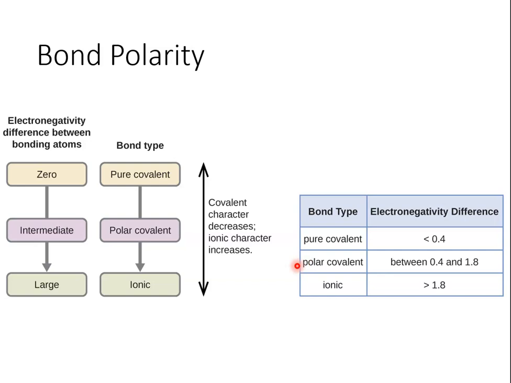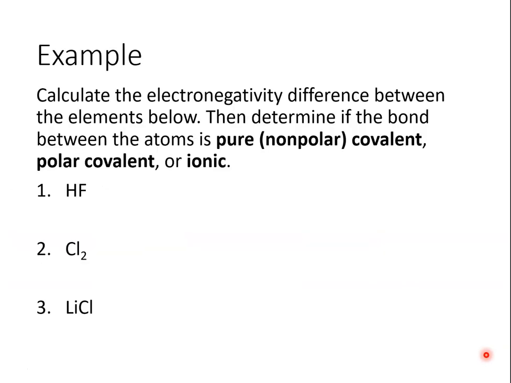For our class, we're going to say if it is a metal and a nonmetal, it is an ionic interaction. We will only consider polar covalent bonds as those between a metalloid and a nonmetal or two nonmetals. So we don't have to worry about the upper limit here. If it's a metal and a nonmetal, it'll be considered ionic.